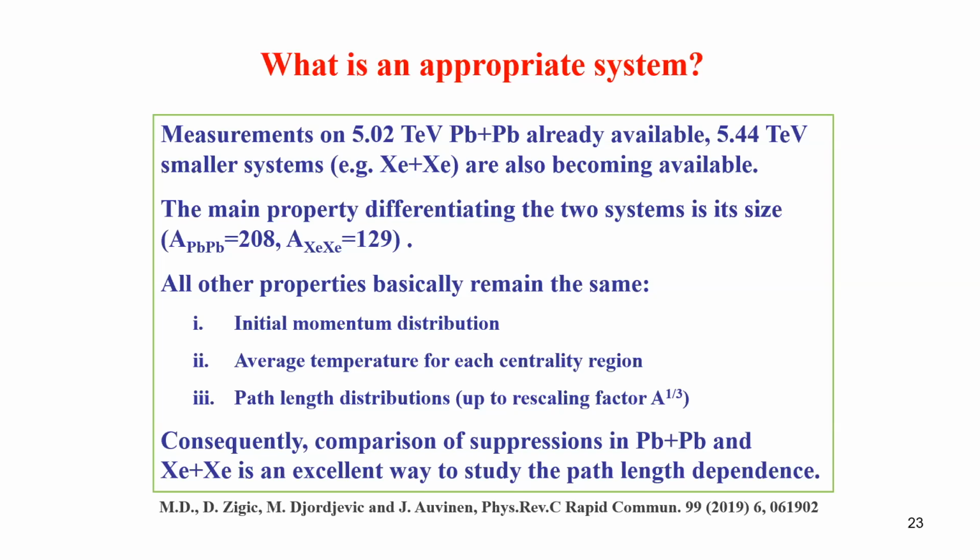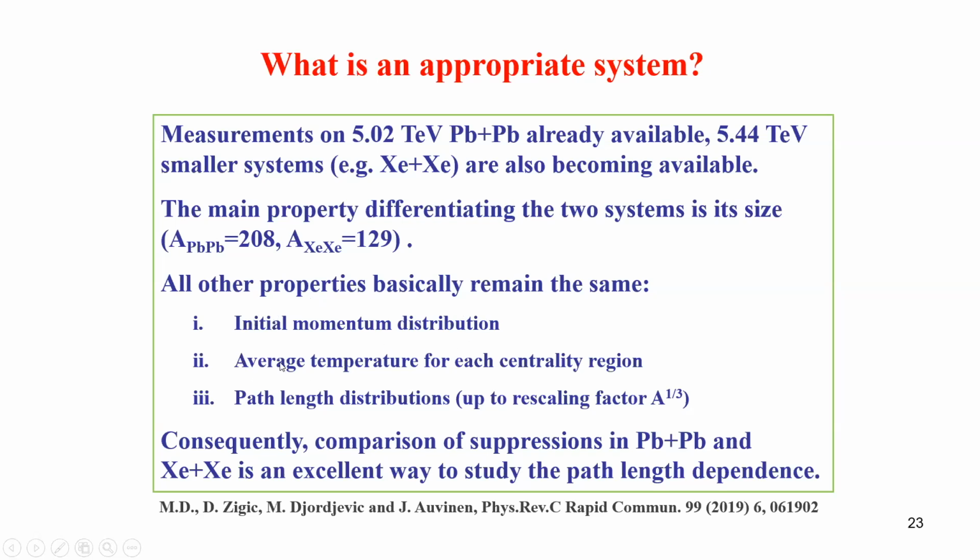With regard to this, we argue that comparison of suppressions in lead-lead and smaller systems, for example recently measured xenon-xenon, is an excellent way to study the path length dependence. The reason behind this is the following. From the suppression calculation perspective, almost all properties between these two systems basically remain the same. They have the same initial momentum distribution.